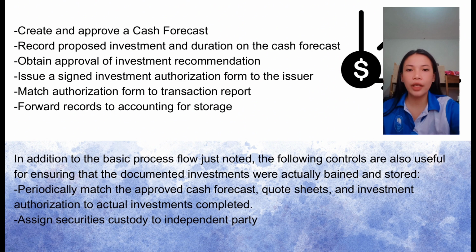The next is obtain approval of investment recommendation. Getting approval for an investment recommendation involves having a manager sign directly on a cash forecast. Placing the approval signature on the forecast allows the approver to not only verify the forecast accuracy but also evaluate the proposed investment.